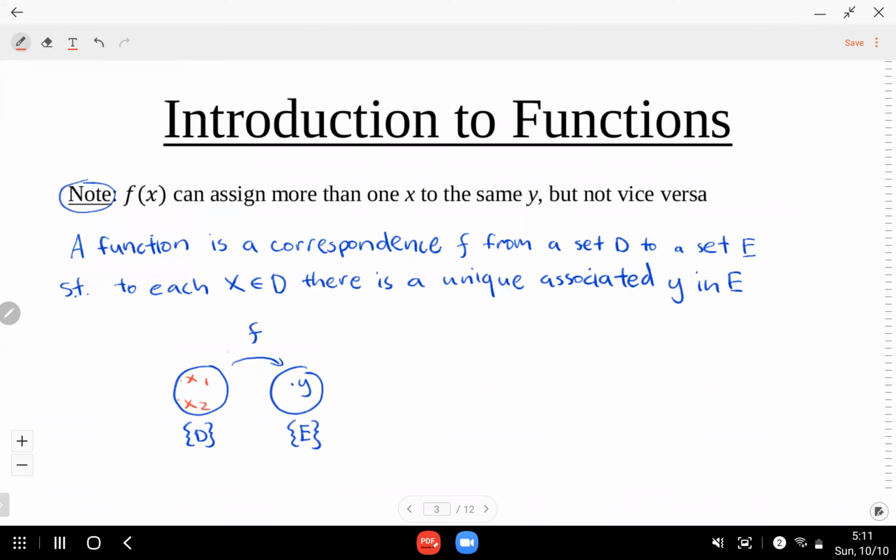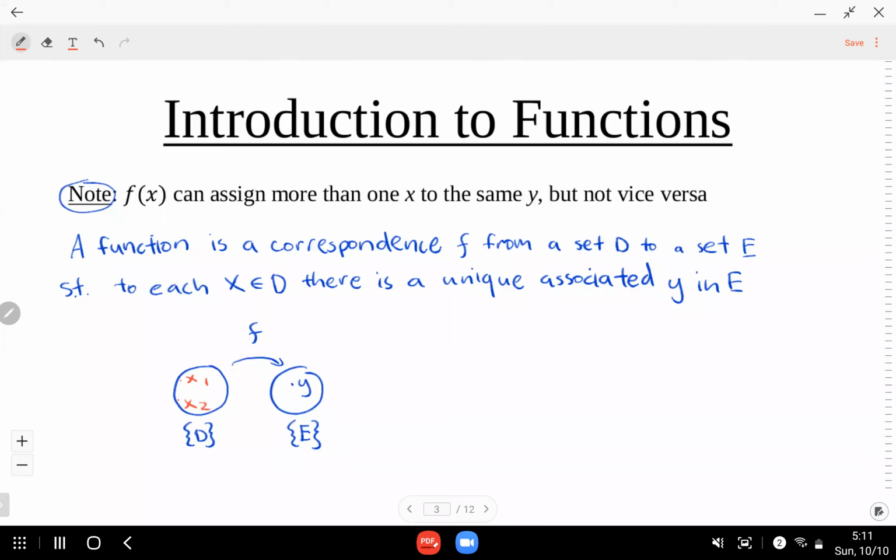Very original. So x2 corresponds to y, and x1 also corresponds to y. So they can both correspond to the same y, but not vice versa. This means that x1 cannot have y1 and y2 corresponding to it.